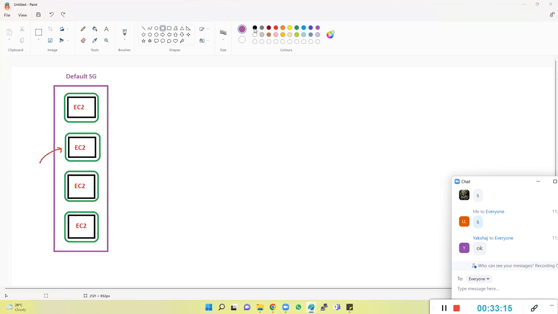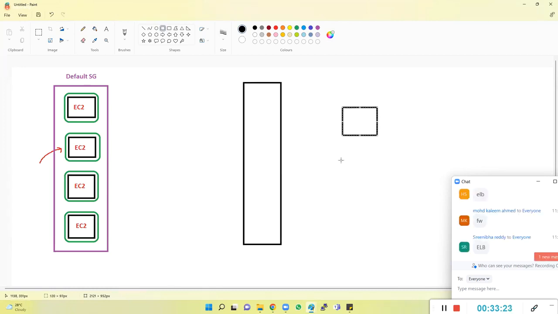See, you might have understood this. This is a load balancer, right? And these are all the application servers, just giving an example.